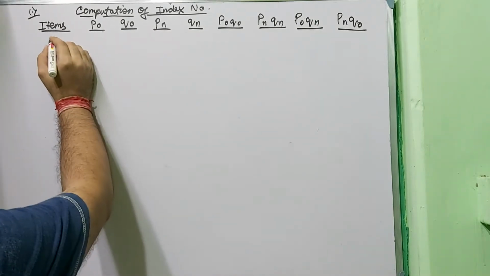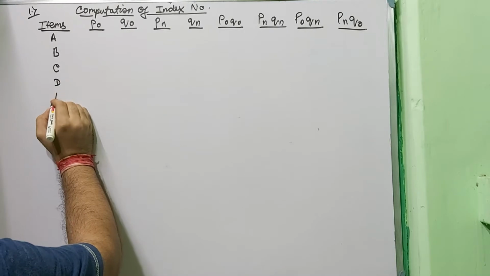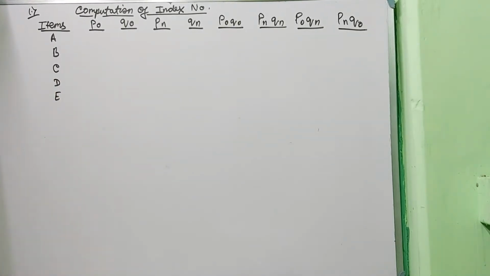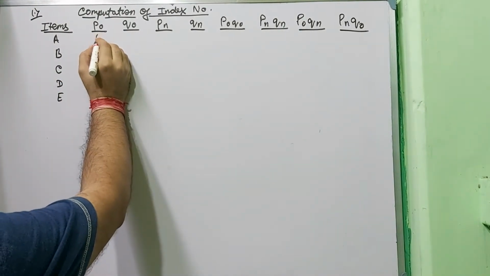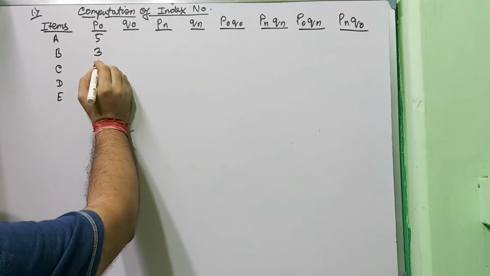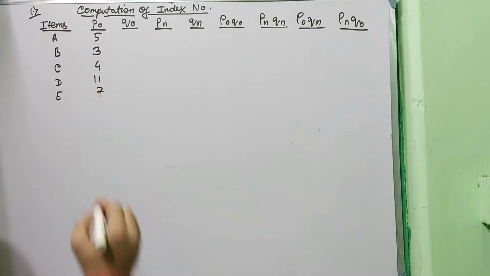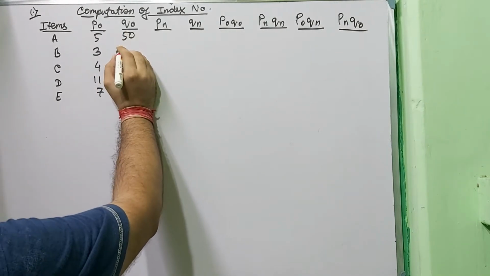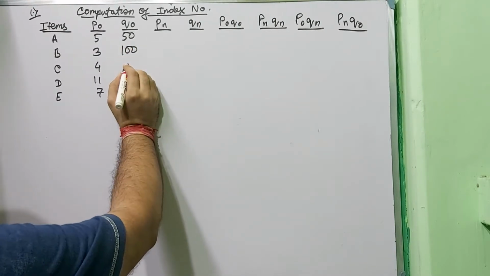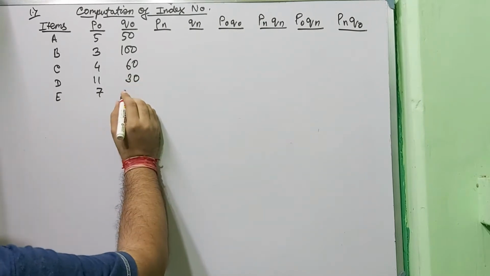So items have been given A, B, C, D, E. Price has been provided 5, 3, 4, 11, 7. Quantity 50, 100, 60, 30, and finally 40.